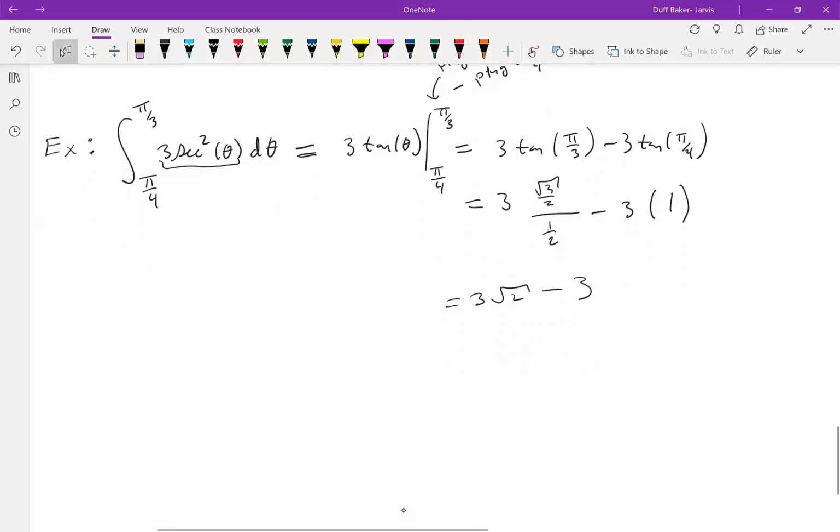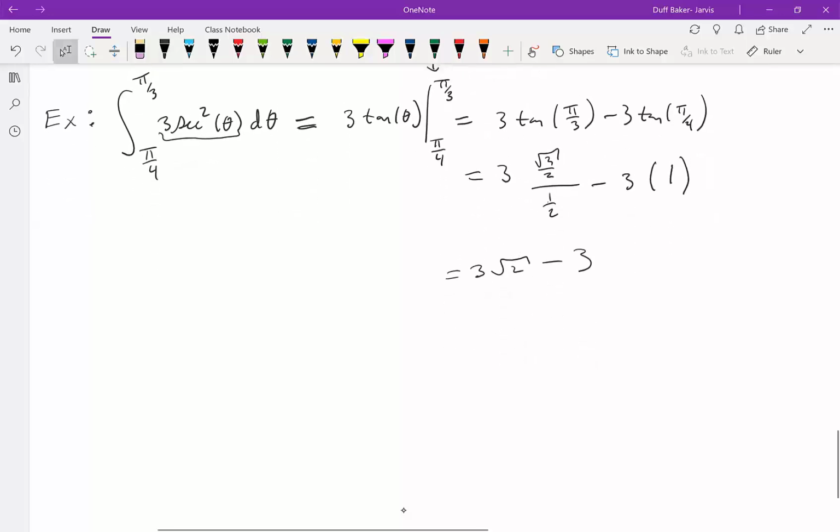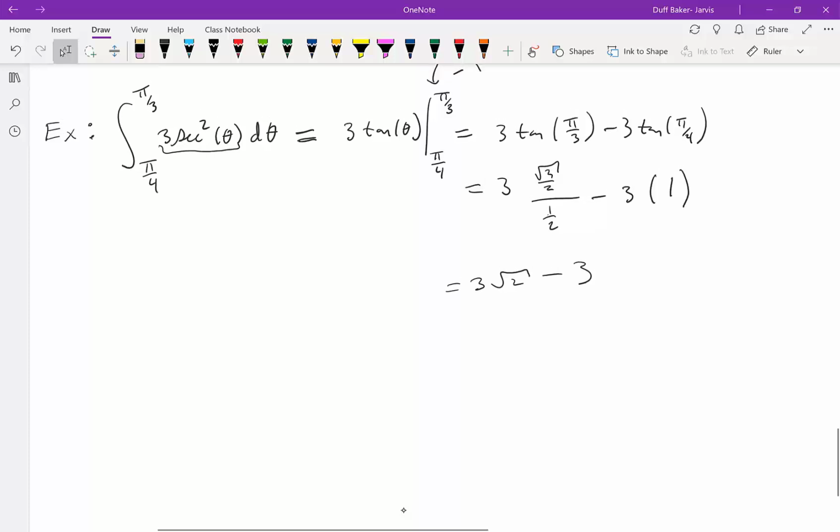So any questions about this stuff so far? It's somewhat straightforward once you get the notation under control. Maybe a comment is, what if I had these bounds switched? Because pi over 3 is the bigger one, right?